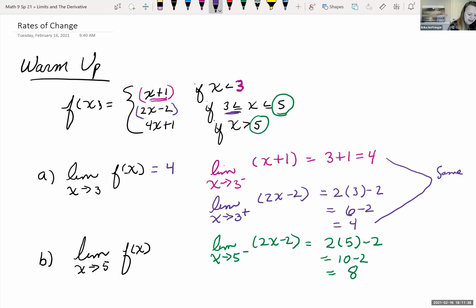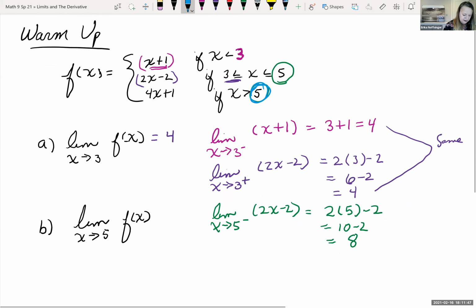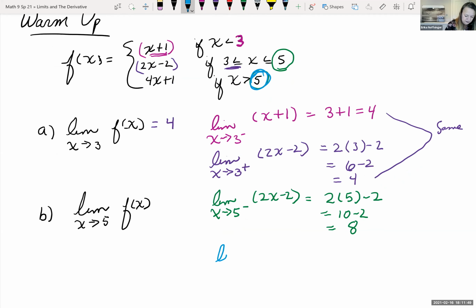So let's look at, again, what's happening when the limit is x is approaching 5, but this time on the right-hand side. And so if I look at that, those are values that are bigger than 5, which tells me to use this third equation, 4x plus 1.